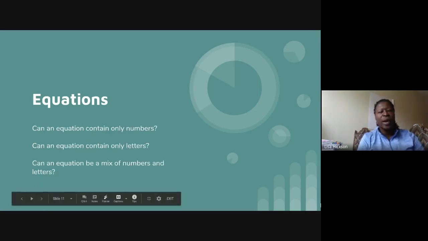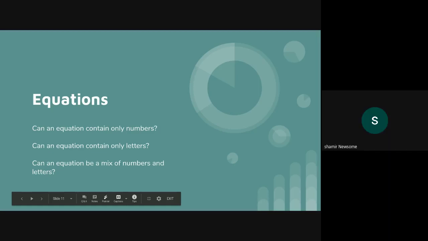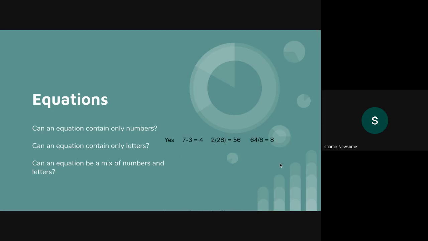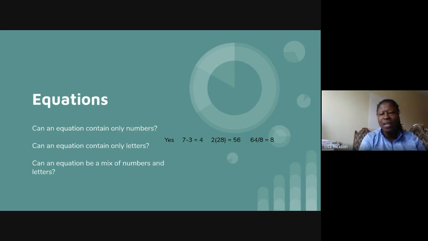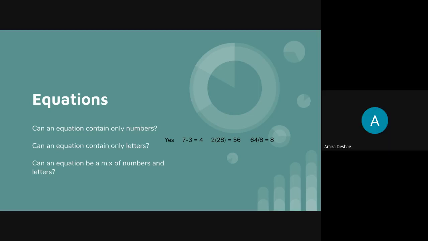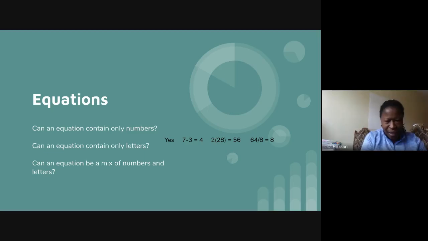So, equations, let's talk about it. Can an equation contain only numbers? It can contain only numbers, it can contain only letters, and it can have a mixture of both of them. There are 3 examples. Yes, it can only have numbers.